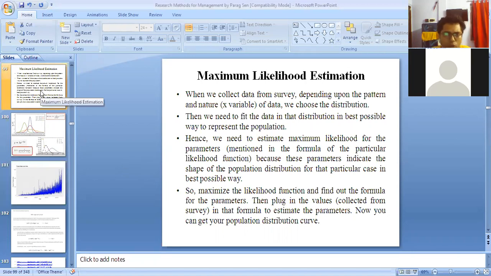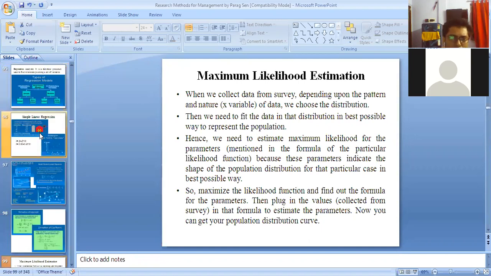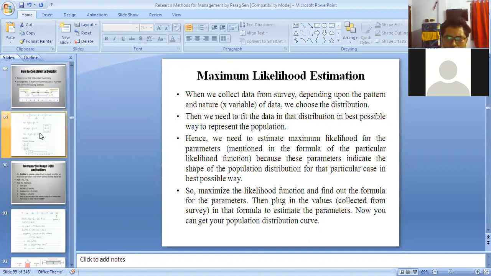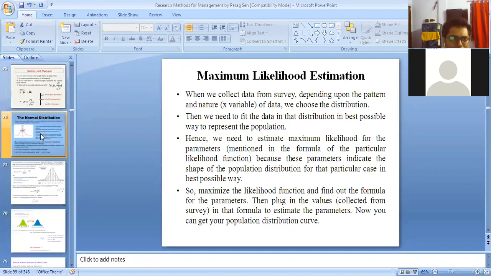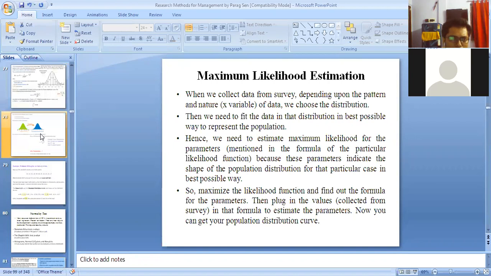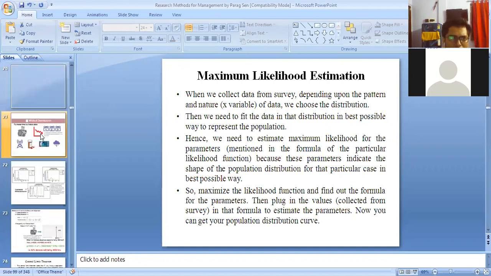Anyway, we will now discuss maximum likelihood estimation. In order to discuss it, first we should have a very clear concept of what likelihood is, or the difference between probability and likelihood.